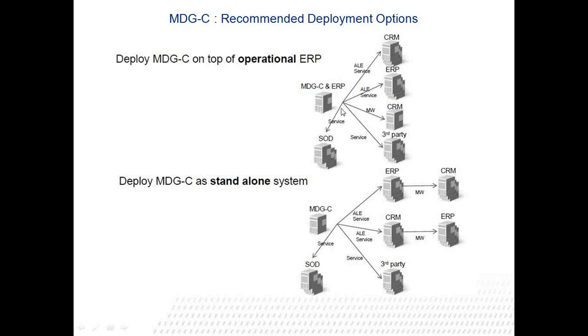So what you have is ERP and MDG on the same box here, and whatever your replication mechanism, it can be ALE or web service for the ECC systems. In CRM, we have an inbuilt middleware, so we use the middleware in CRM to replicate the data. To third-party systems, we have to go with web services or MDG delivered services only.